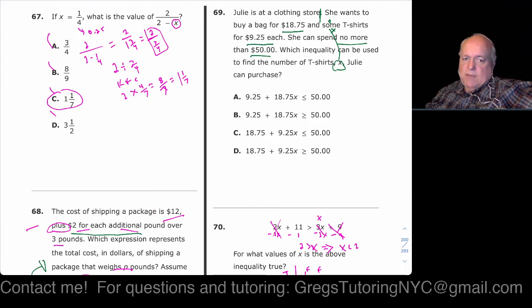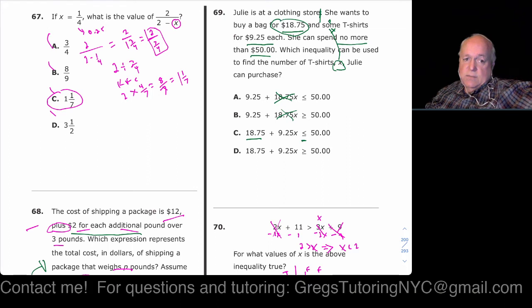If they're $9.25 each, that pretty much off the bat rules out this one and that one, because it's $9.25 times the number of t-shirts. Then she wants to spend no more than $50. It told us she wants to buy a bag for $18.75 and t-shirts.